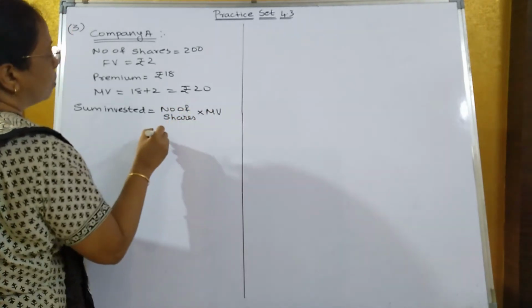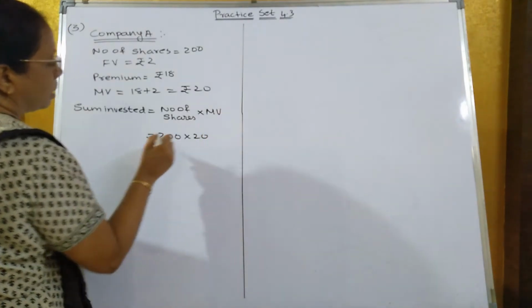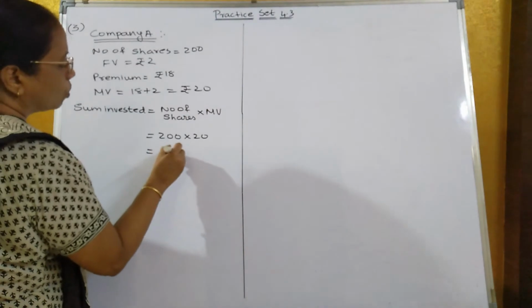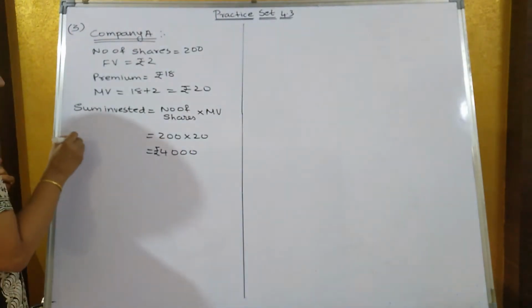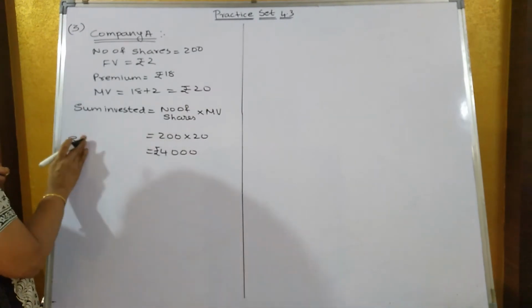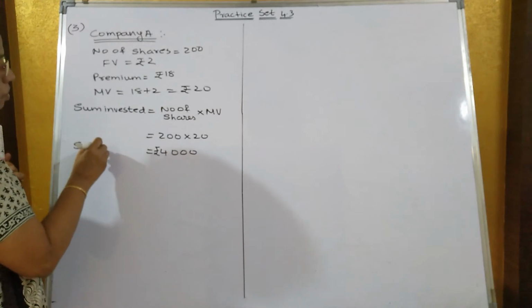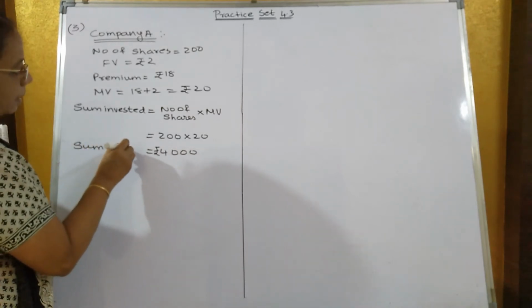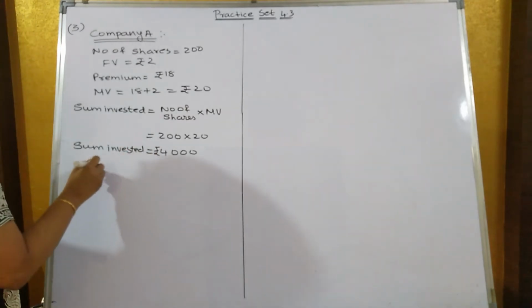So that's equal to 200 into 20. So that's equal to 4000. So sum invested in company A is equal to rupees 4000.